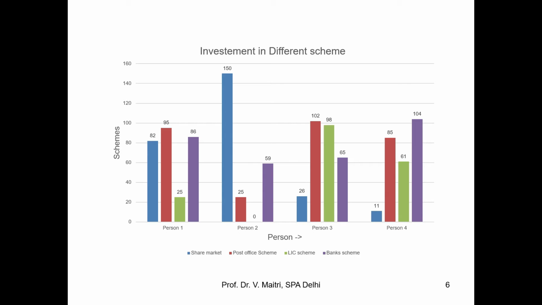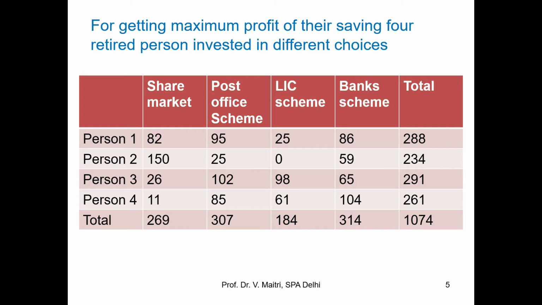because they feel they have divided their amount in such a way that even if there are share market losses, person number 3 and person number 4 will have very little damage. But person number 1 has taken a little more risk, because he has more money in comparison to the others. Yes, 288.